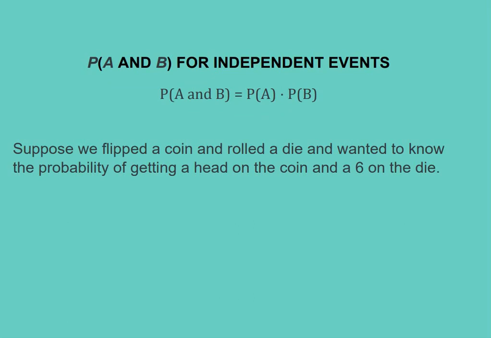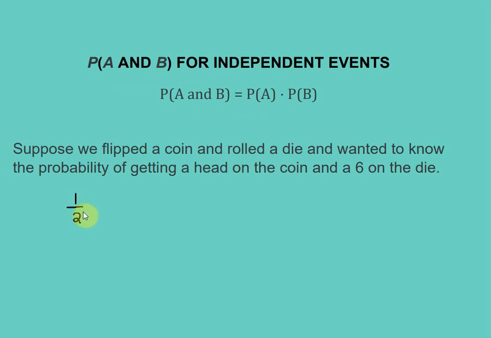So suppose we flipped a coin and we rolled a die, and we wanted to know the probability of getting a head on the coin and a 6 on the die. Well, the probability of getting a head on the coin is 1 out of 2, because there is one head on a coin, but there are 2 sides.